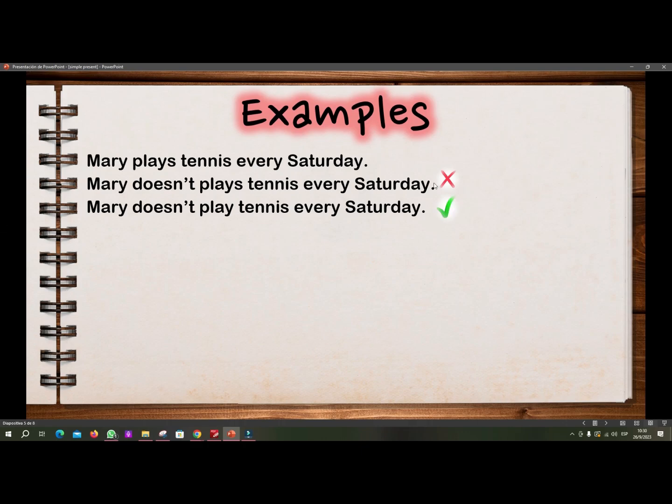Esta sería la forma correcta porque, ya dijimos, cuando utilicemos el auxiliar does, no vamos a utilizar el verbo con S, ¿verdad? Aunque tengamos tercera persona. Aquí tenemos Mary, ¿verdad? She, pero como estamos utilizando el auxiliar, no necesitamos la S. So be careful with that, guys.